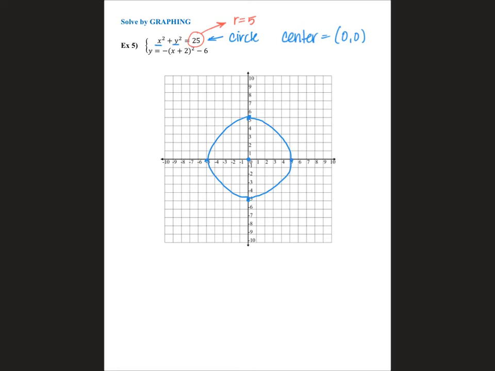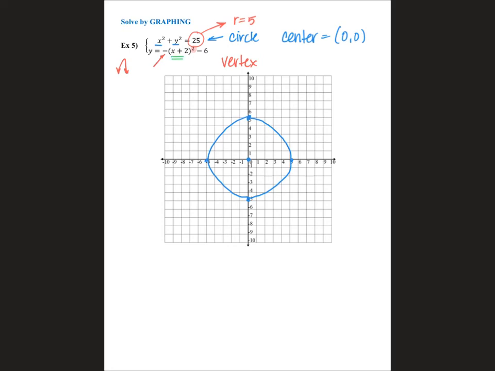Now, my second shape is a parabola. And I know that because it has only one squared term. When I analyze this further, I know it's going to be an upside down parabola. So let's look at the vertex. This is in vertex form. This is telling me how far it goes left or right.